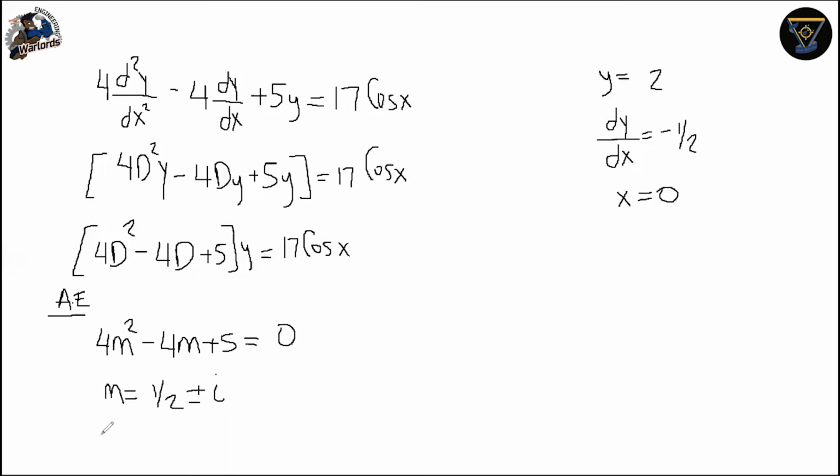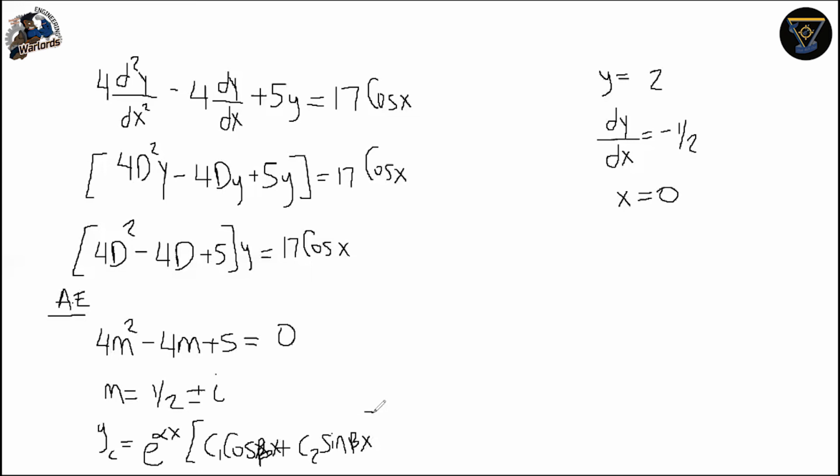All right. So that means our yc is equals to, remember the formula, e to the alpha x, and then you have c1 cos beta x plus c2 sine beta x.